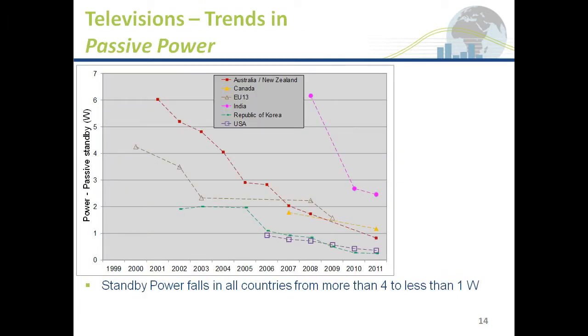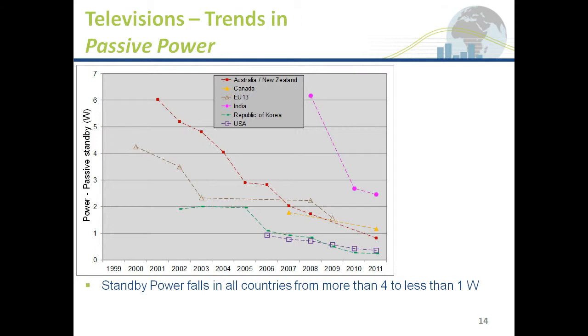So starting to look at the actual data from products, we're starting with the first and most numerous product in our analysis. So this is the first of the top 10, and that's televisions. Looking at passive power, this data set shows a significant and very clear fall in standby power over the period from 2001, 2002 through to 2011.